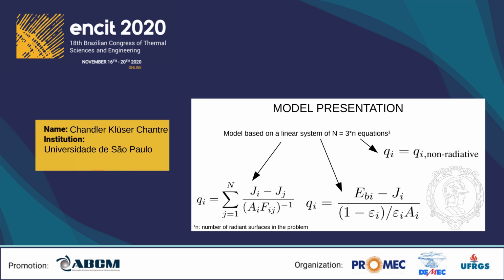Supposing that we want to solve a radiative heat transfer problem with n surfaces, the proposed model will represent its behavior in 3 times n equations, which can be grouped in 3 parts.